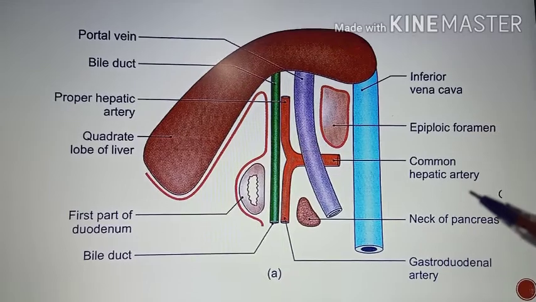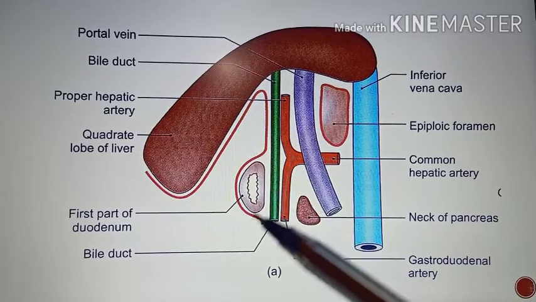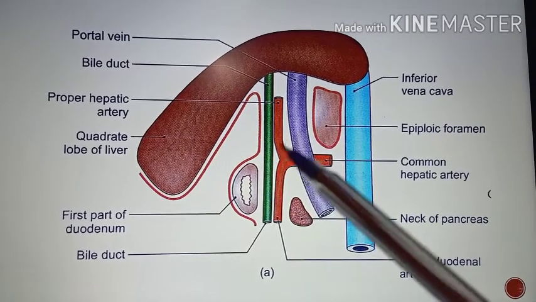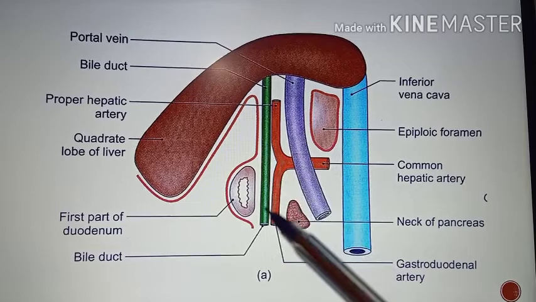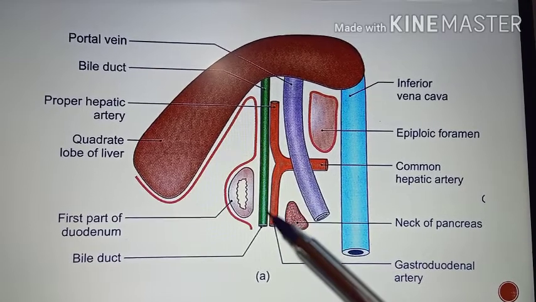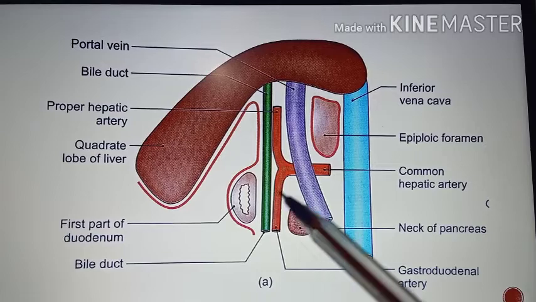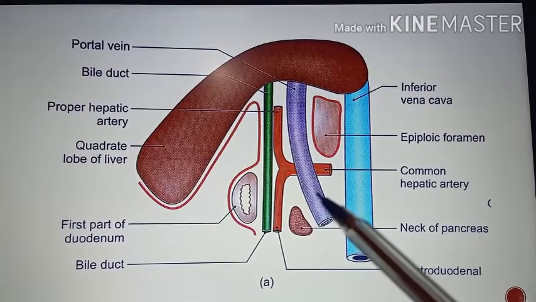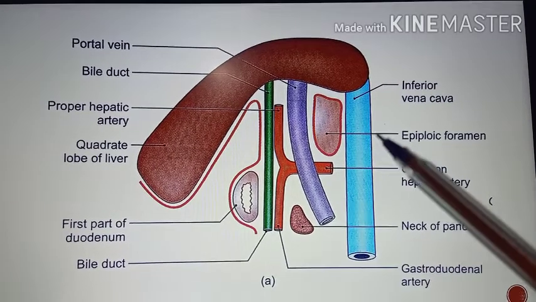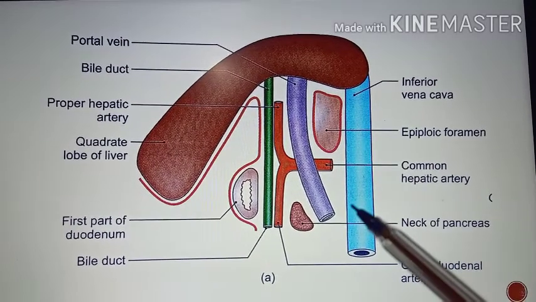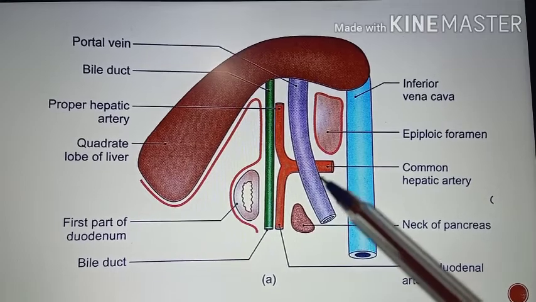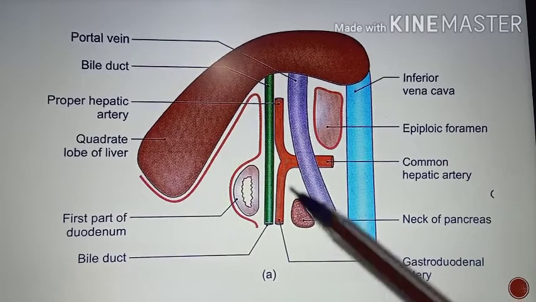Now coming to the posterior relations of the first part of the duodenum. Here you have the common bile duct. Then you have the gastroduodenal artery. Then the portal vein, and also the inferior vena cava, which is separated from these structures.